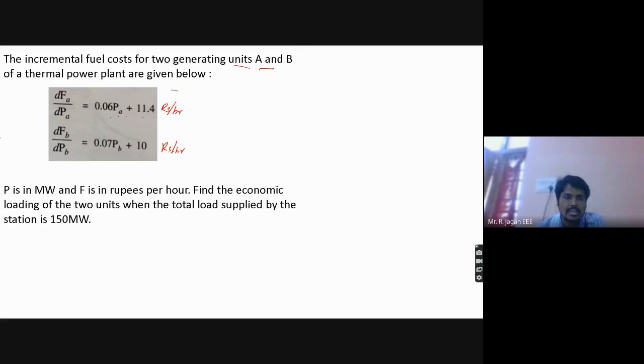Here P is in megawatts and F is in rupees per hour. Find the economical loading of the two units when the total load applied is 150 megawatt.